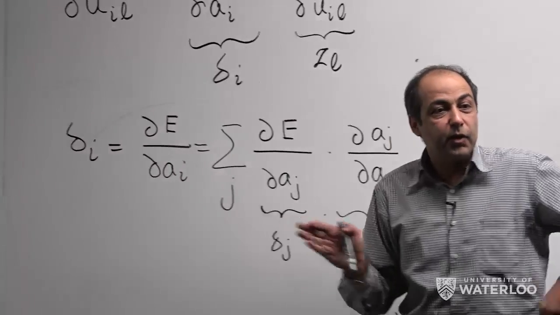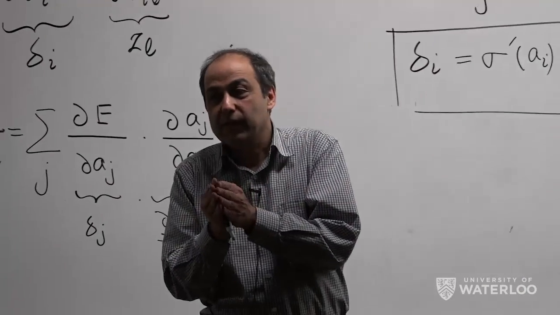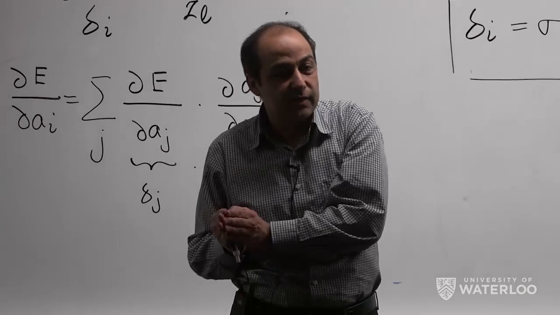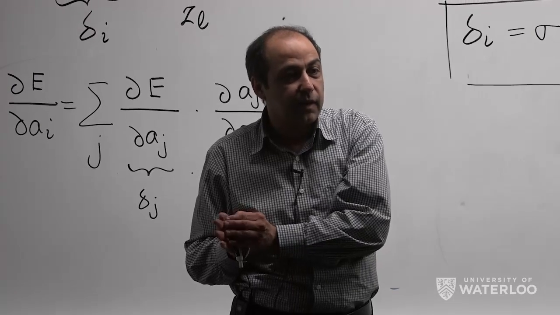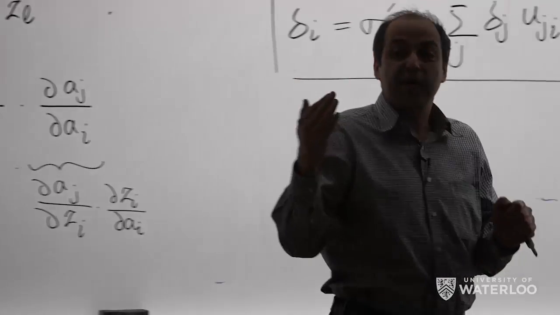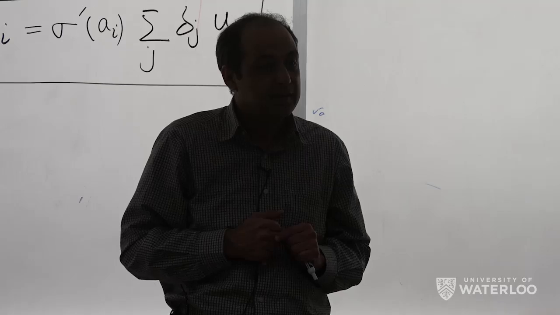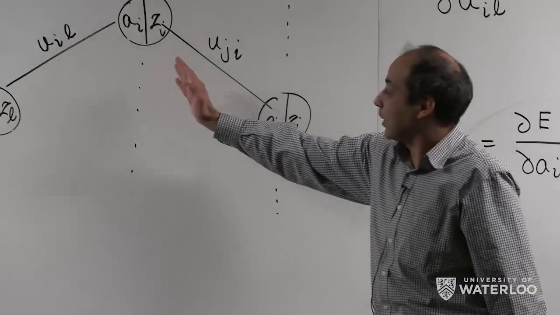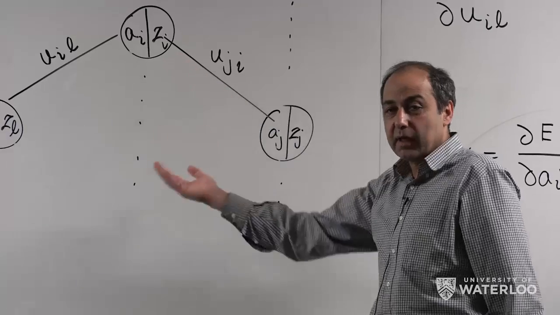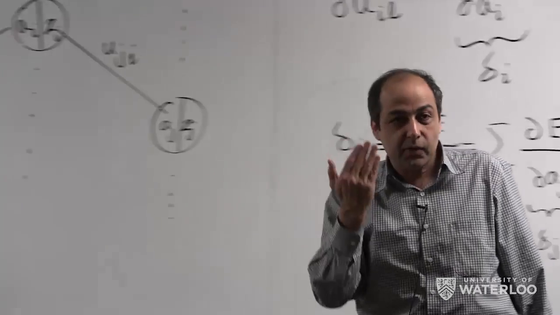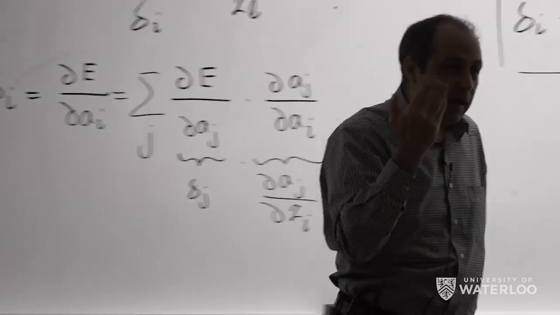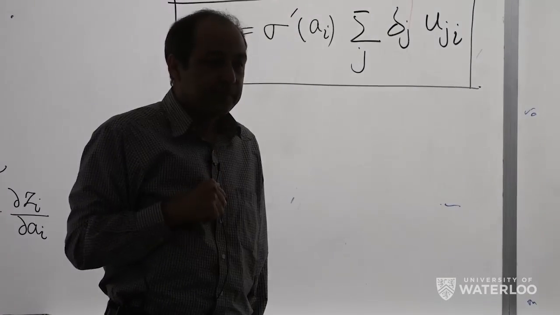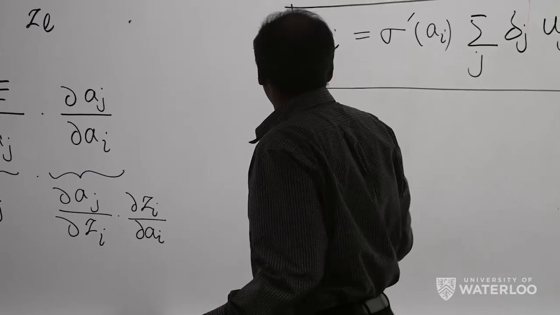I can compute each delta based on the delta of the next layer. But what's going to happen if I get to the last layer? Suppose I do this recursively and I get to the last layer. What would happen in the last layer?